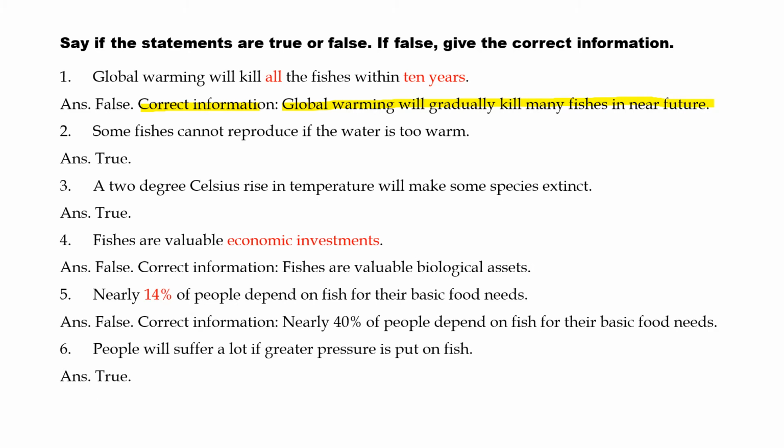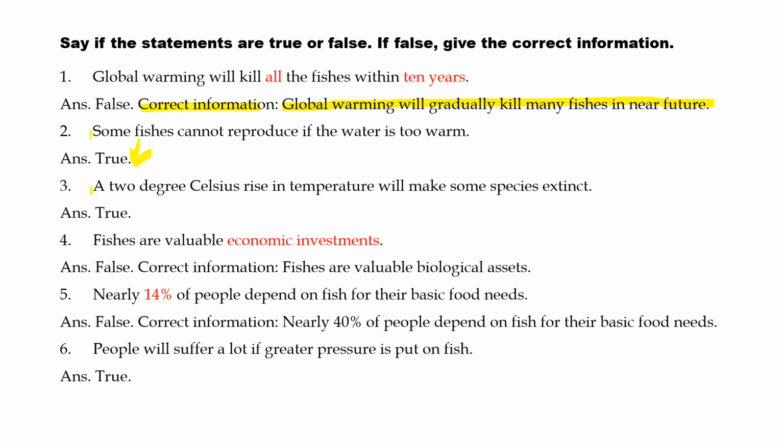Number 2. Some fishes cannot reproduce if the water is too warm. So the statement is true because in the last line of the first paragraph we have found that some fishes will become extinct if temperatures rise even by 1 or 2 degrees Celsius, right? Number 3.